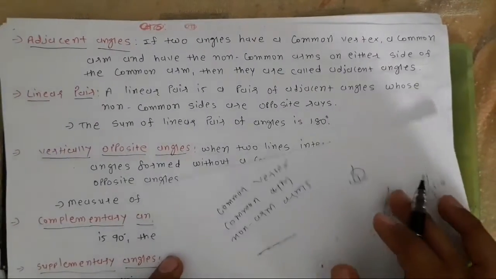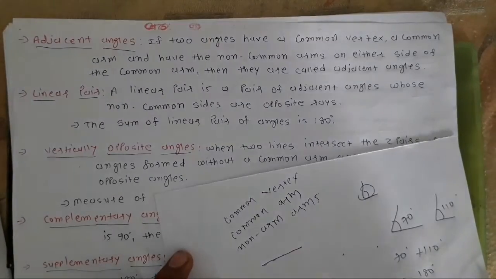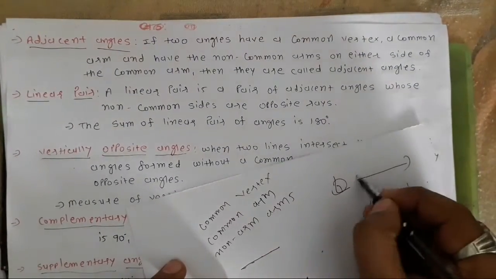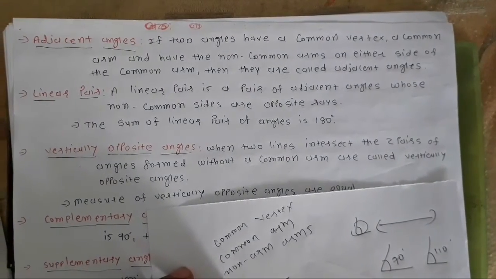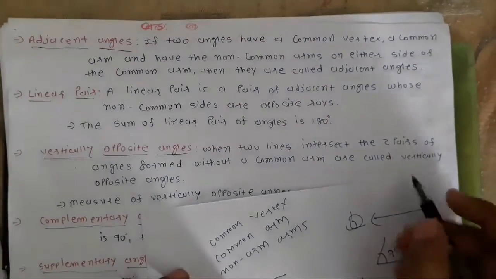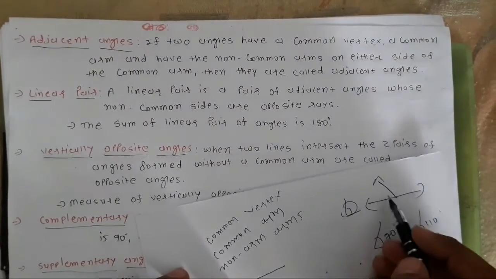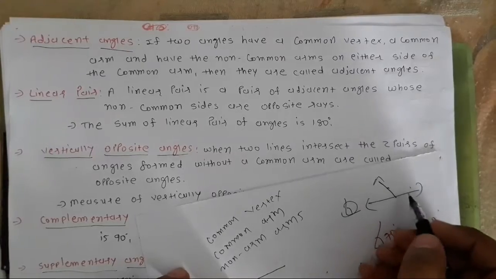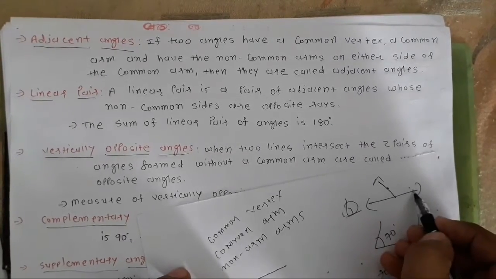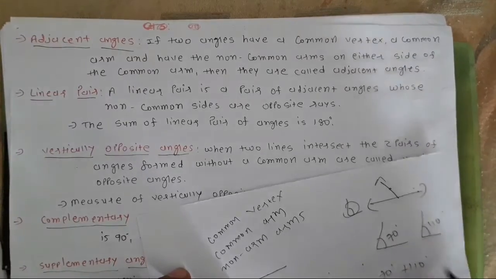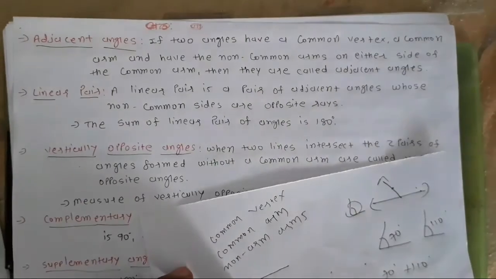Then the linear pair. The sum of angles in a linear pair is 180 degrees when two lines intersect. A linear pair is a pair of adjacent angles whose non-common sides are opposite rays. So the non-common sides are opposite rays of this one and opposite ray of this one. That is called a linear pair and the sum of these angles is 180 degrees.